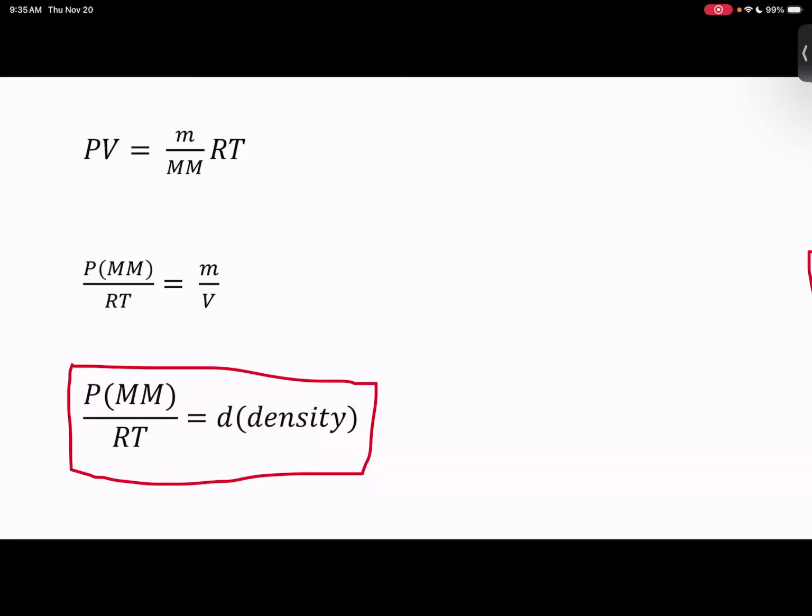If we rearrange that equation so that the pressure times the molar mass over RT is equal to mass over volume, well, what is mass over volume? It's the density. So you can determine the density of the gas by multiplying the pressure times the molar mass over RT. All of this comes from the ideal gas law and a little bit of stoichiometry.